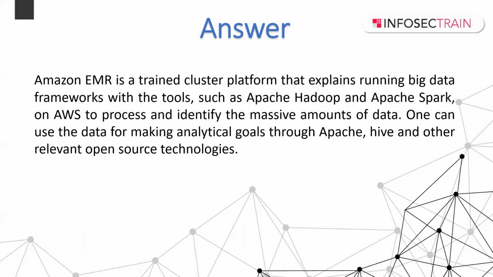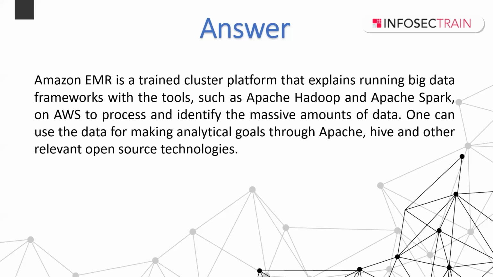Using these frameworks and related open source projects, you can process data for analytics purposes and business intelligence workloads. Amazon EMR also lets you transform and move large amounts of data into and out of other AWS data stores and databases, such as Amazon Simple Storage Service and Amazon DynamoDB.